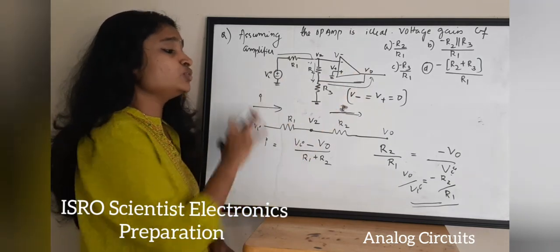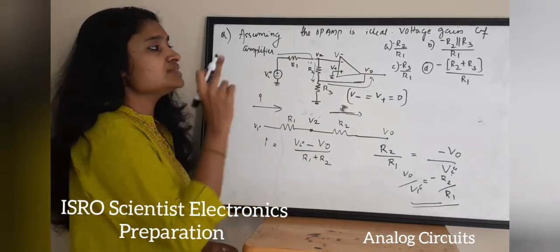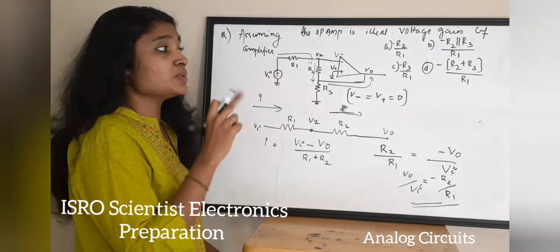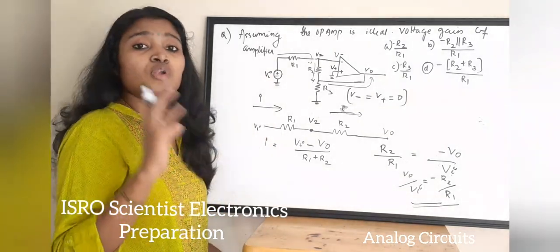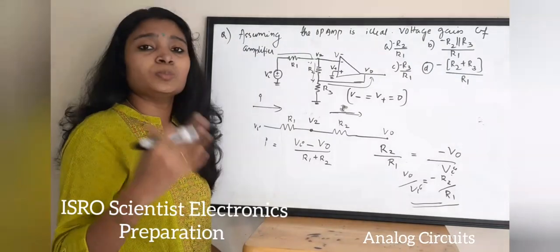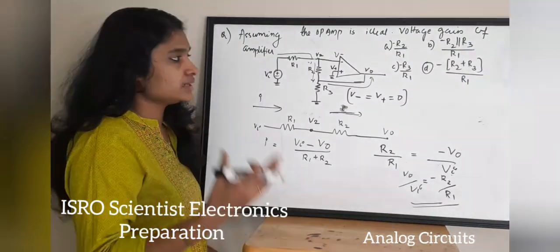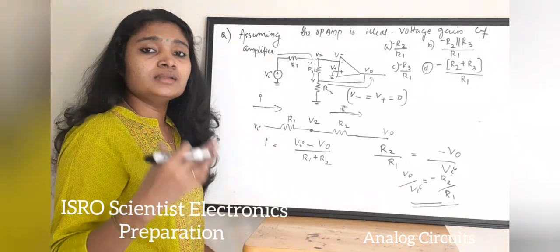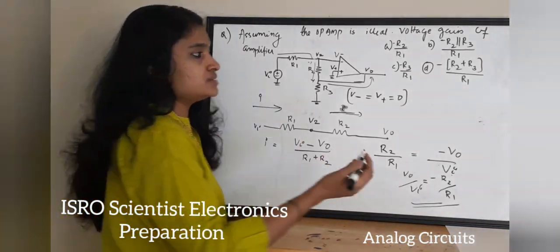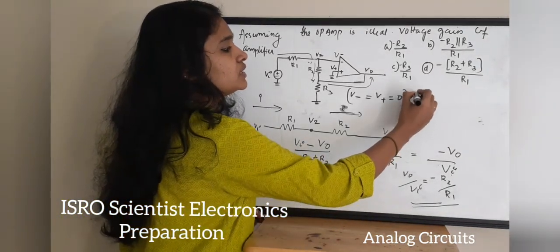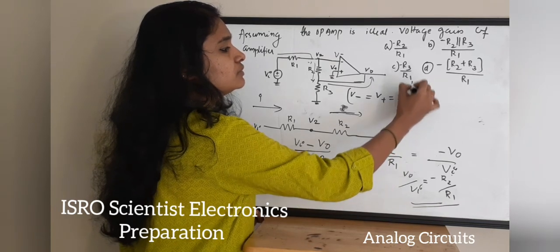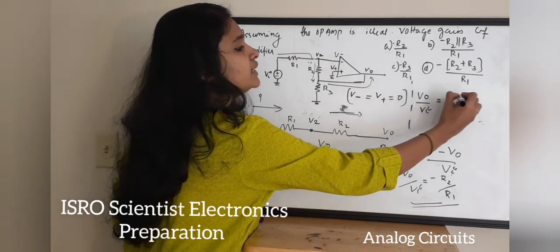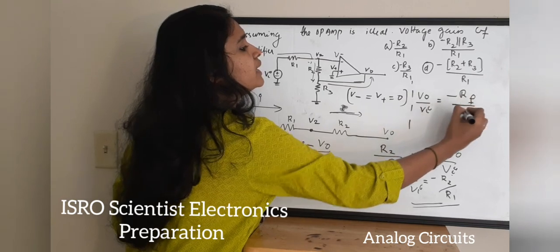Or simply, if you don't know any of this, just as I said earlier, this is what type of network? This is the inverting type of operational amplifier, right? And the equation for gain of an inverting operational amplifier is V out by V in is equal to minus RF by R in.